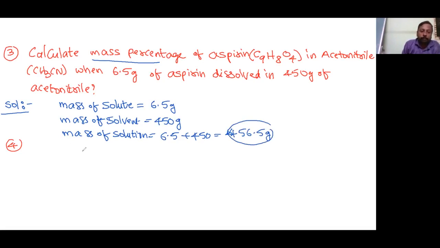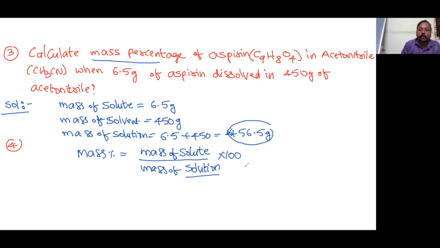Now you have to write the formula. Mass percentage is equal to mass of solute divided by mass of solution. One student divided by the solvent as it is. This is how learning from a teacher with experience, who knows the students' difficulties and mistakes, differs a lot from learning from books. So you should write mass of solution in the denominator, not mass of solvent.